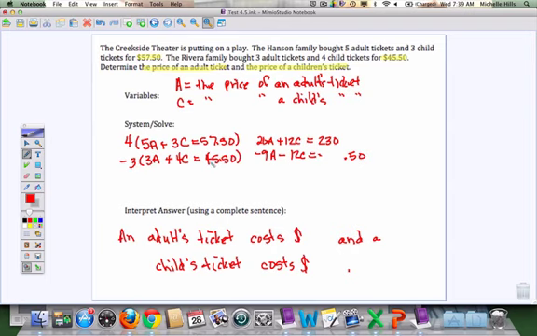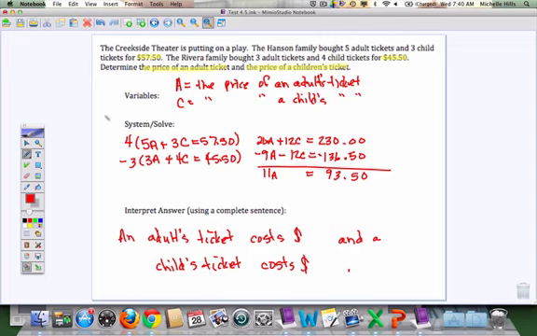Carry the 1. 3 times 45 is 135, so this will be 136.50. This gives me 11a equals, and I'm going to put this just to make it easier to subtract here. So if I'm doing this correctly, I get $93.50.